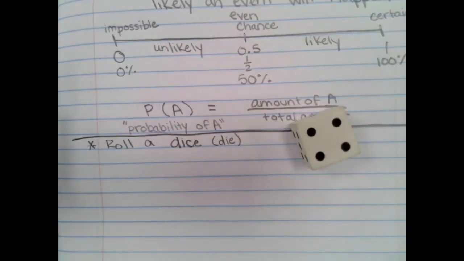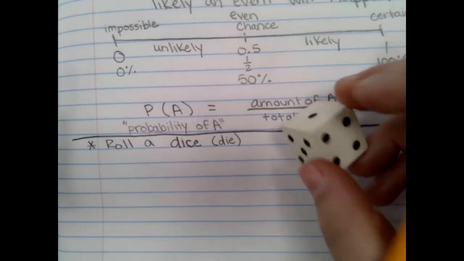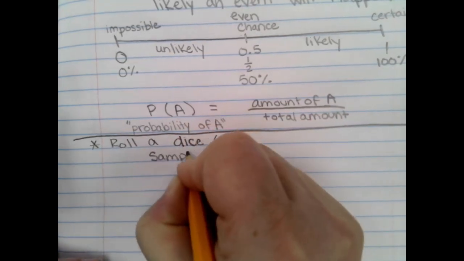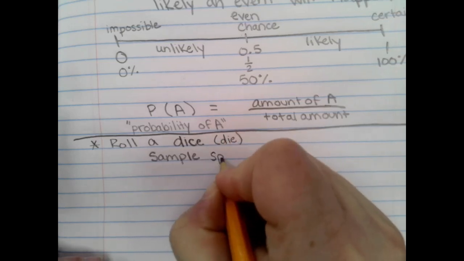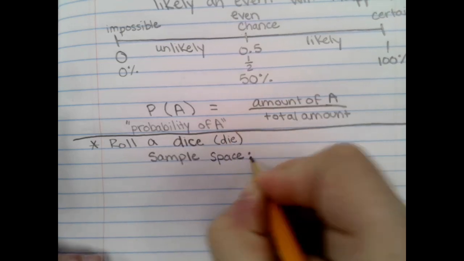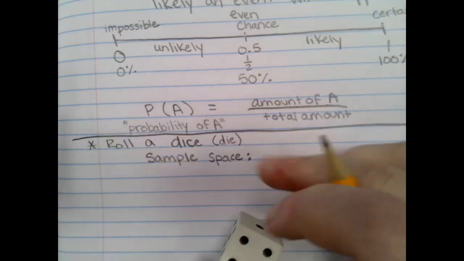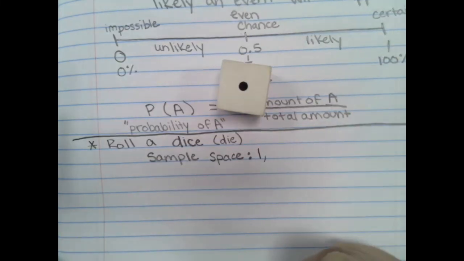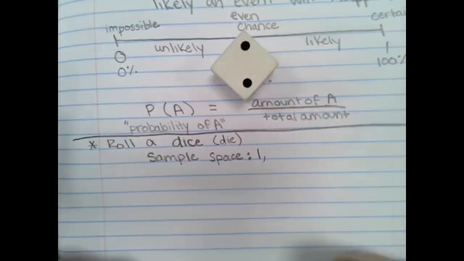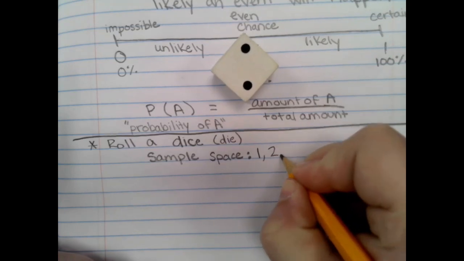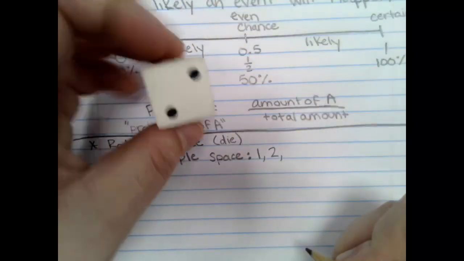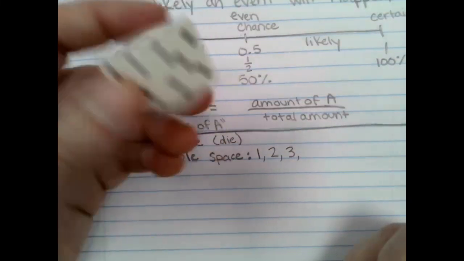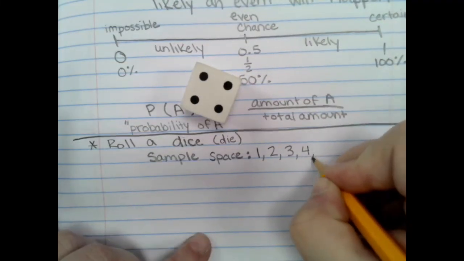I like that. All right, so if I look at my sample space, if I wanted to list my sample space, what options do I have when I roll a dice? Yeah, when I roll it, we get those numbers. So we have 1, 2, 3, 4, 5, and 6.